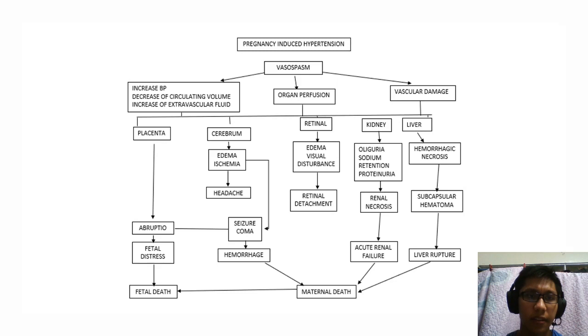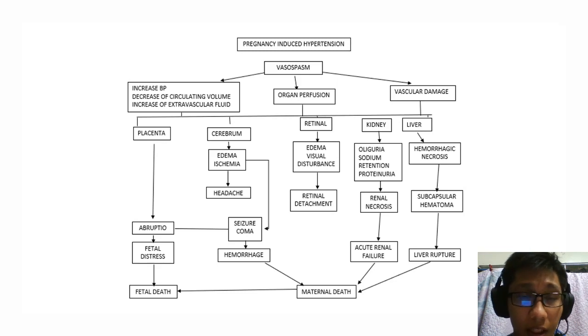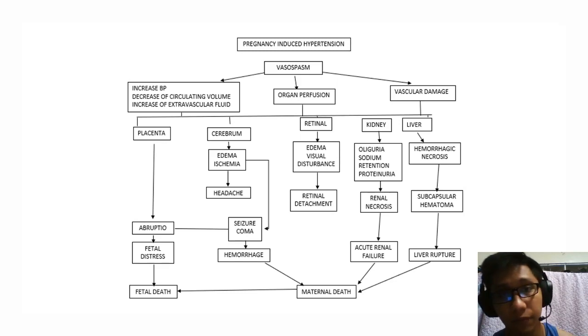And then the patient might get disease in their kidney like oliguria, proteinuria, or sodium retention, which is a major pathophysiological mechanism of hypertension development in chronic renal diseases, which would lead to plasma problem and peripheral edema to maternal death. It can also cause renal tubular necrosis, which would lead to acute renal failure, then maternal death.